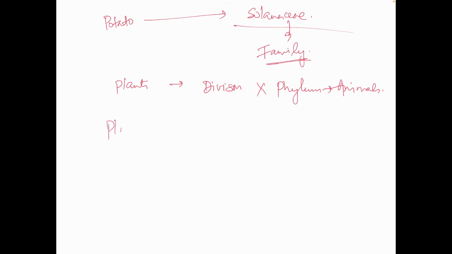In case of plants, when we are putting plants into the rank called family, we take into account both vegetative characters as well as reproductive characters.